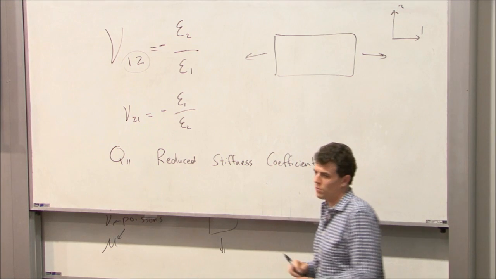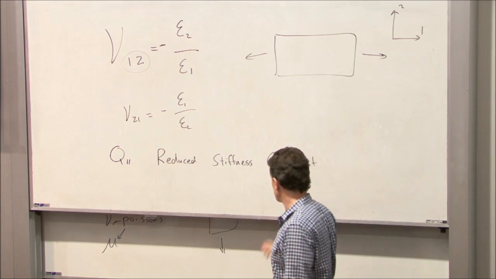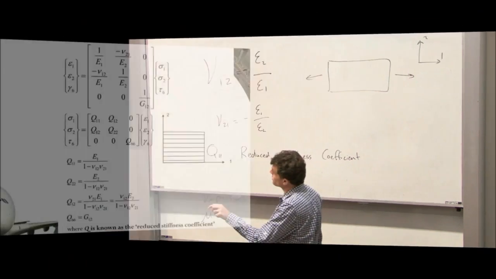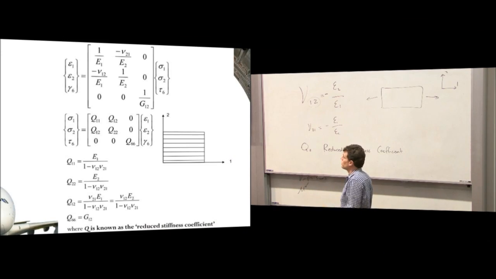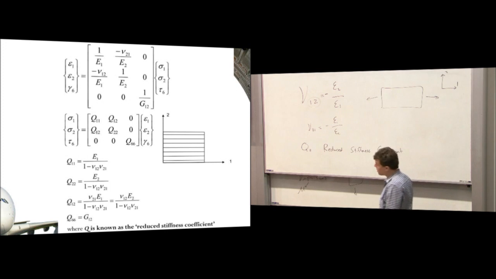And it's exactly what the name says. It's a stiffness coefficient, so it's a coefficient in the stiffness matrix, and it's reduced in the sense that we're not writing out the full term. We're just using a symbol for it. And these are the formulae for the reduced stiffness coefficient.